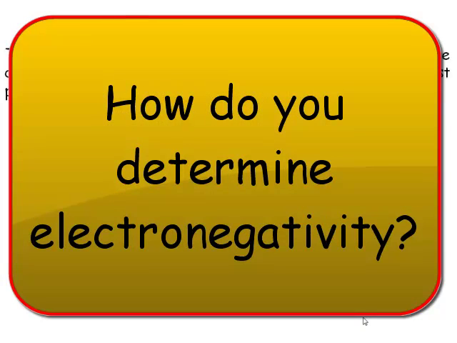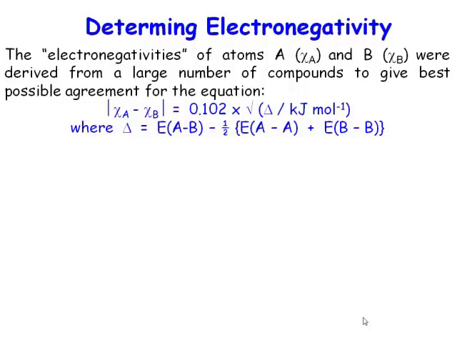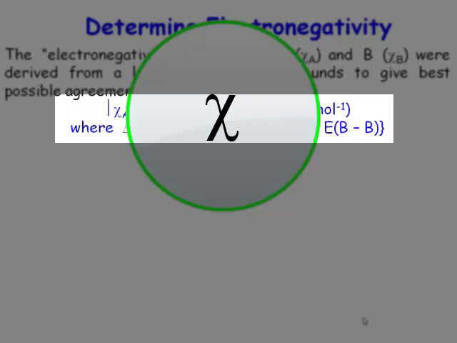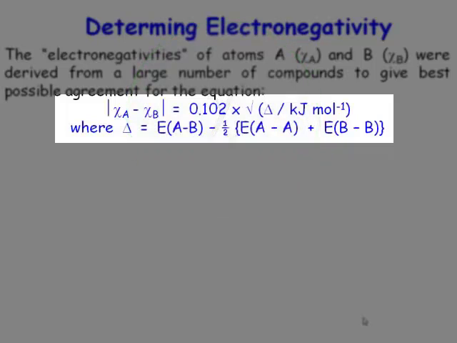Now, how do you determine electronegativity? The formula that you will need is the one that I've presented here. First of all, electronegativity is given the symbol of the Greek capital letter chi. Chi A is the electronegativity of atom A, chi B is the electronegativity of atom B. So we're taking the modulus of this sum here.